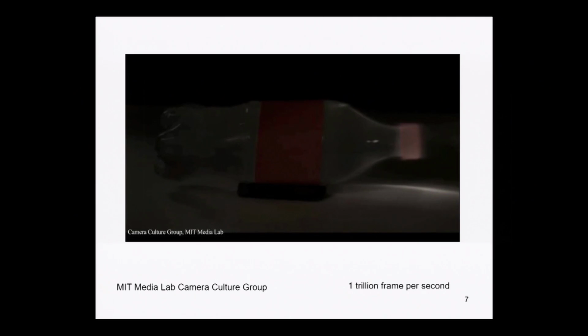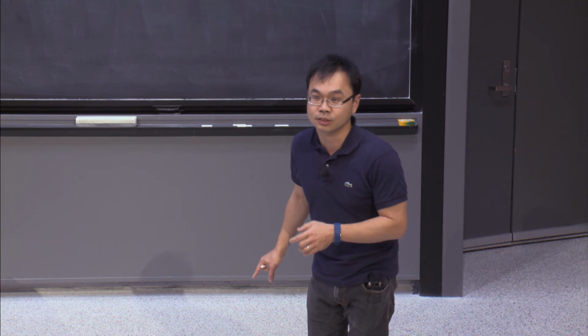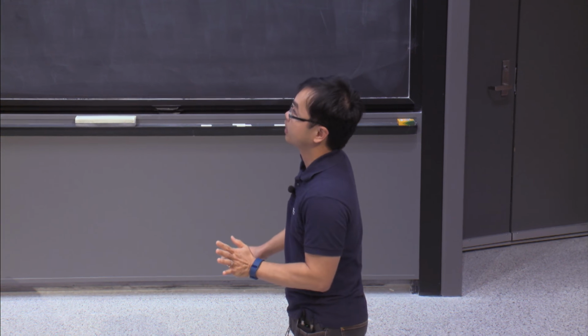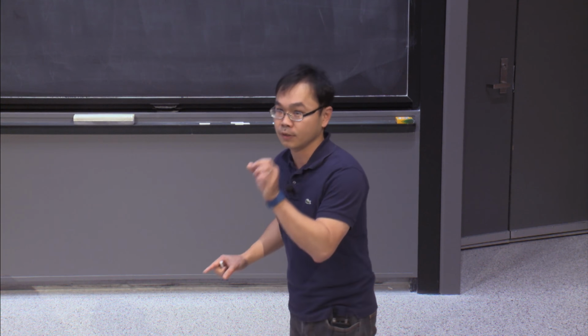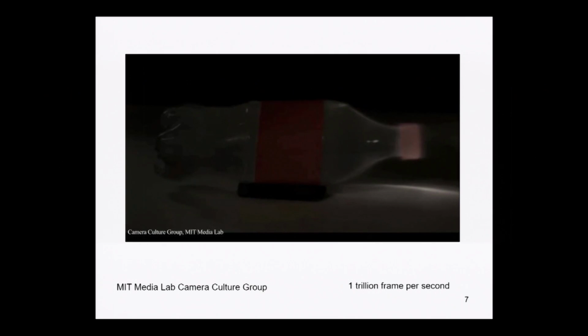The speed of this recording corresponds to 1 trillion frames per second. So this is super fast recording, and they can actually reconstruct the propagation of the light through this bottle.